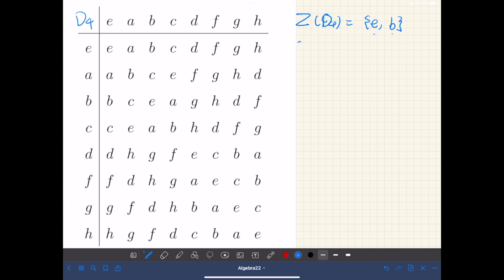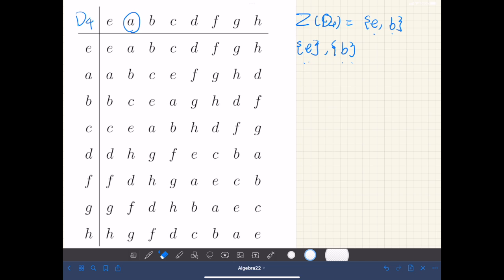So E and B are two of the conjugacy classes. And next, consider the conjugacy class containing A.